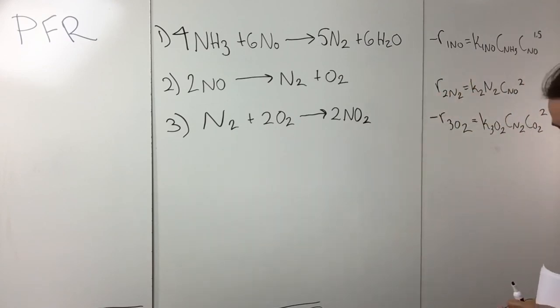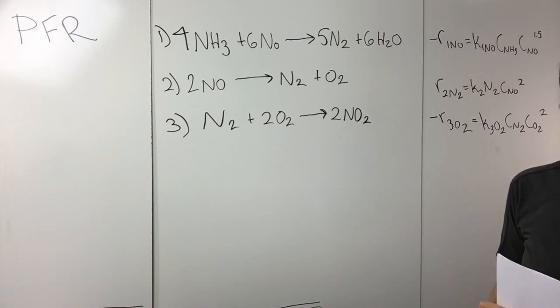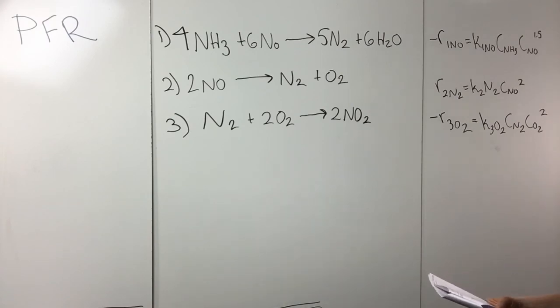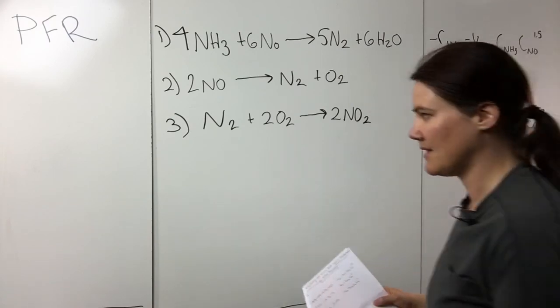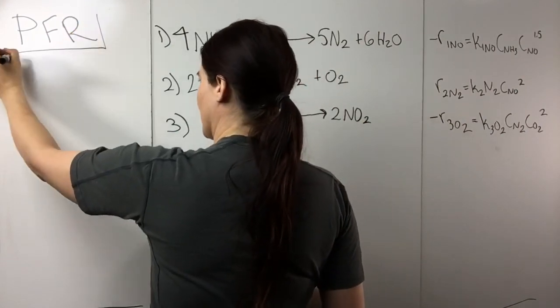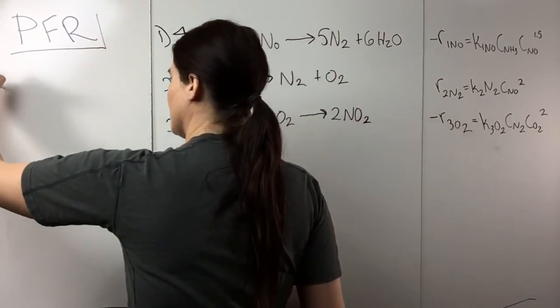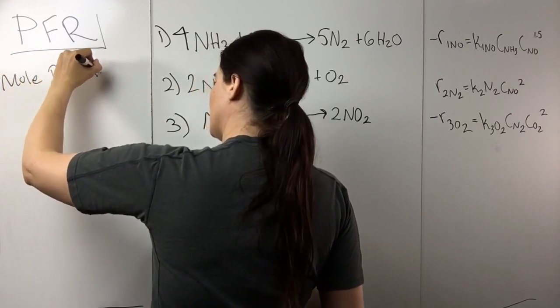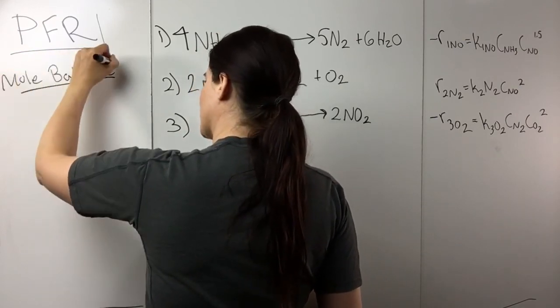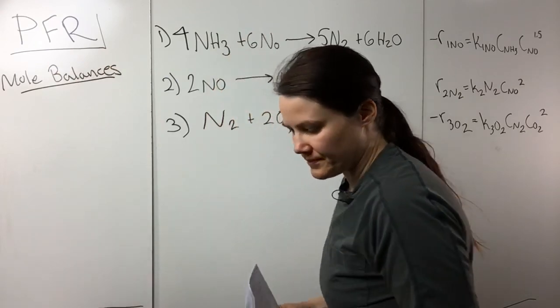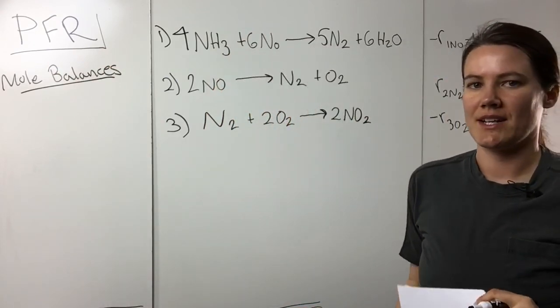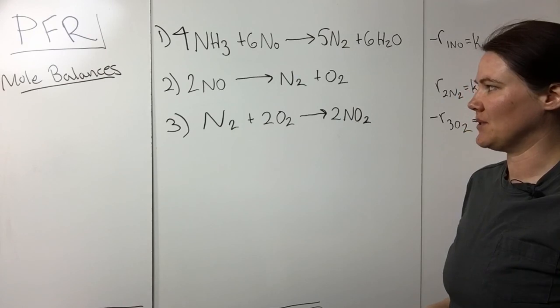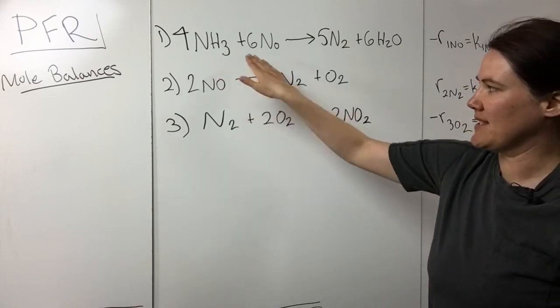The very first thing you want to do when you start these problems is write your mole balances. I'll do that over here. When you're analyzing multiple reactions, you need to write a mole balance for each species.